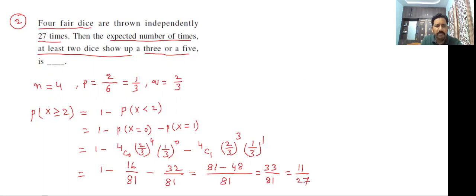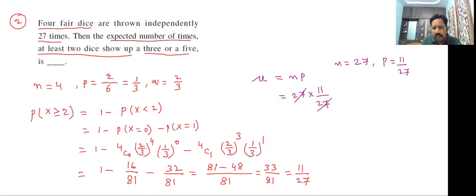But here we need to find the expected number of times. That is mu is equal to NP. In this case, N value is 27 and P value is 11 by 27. Substitute here, N 27, P 11 by 27.